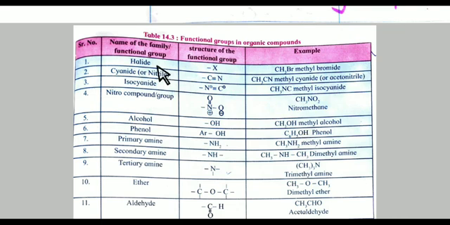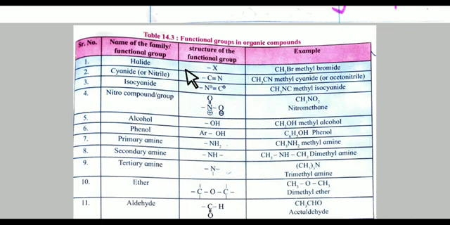Halide means halogen. Halide has the functional group bond X. Before the bond, you can add any one of the alkyl groups, for example CH3 methyl, C2H5 ethyl, propyl, butyl.